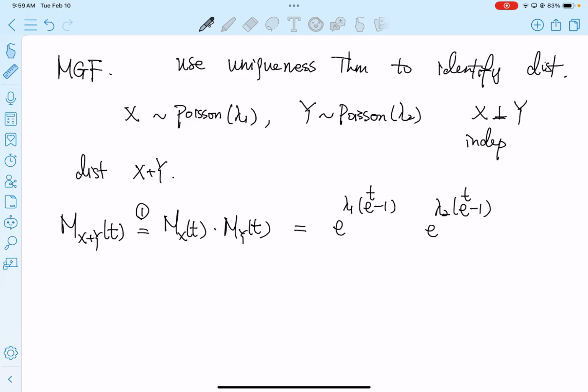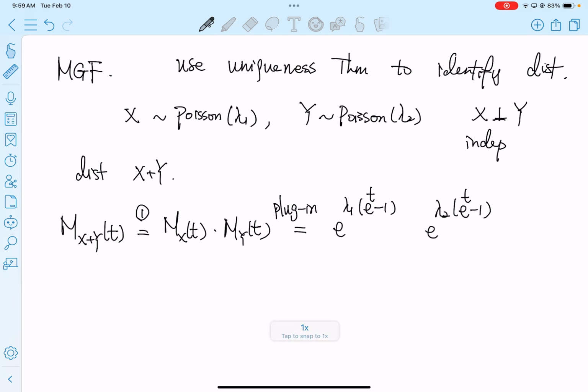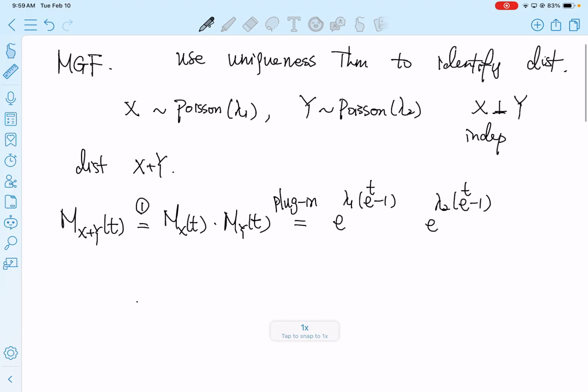So what we did here was just plug the moment-generating function into the corresponding random variables X and Y. Each of them is the moment-generating function for a Poisson, and we just plug in the corresponding parameter. The parameter for X is lambda 1, and the parameter for Y is lambda 2. So we just plug in the parameters and write down the corresponding formulas. And then we can group the terms in the following way.